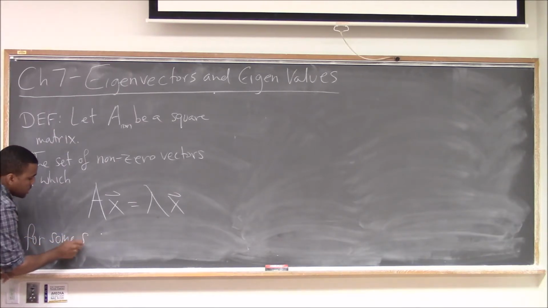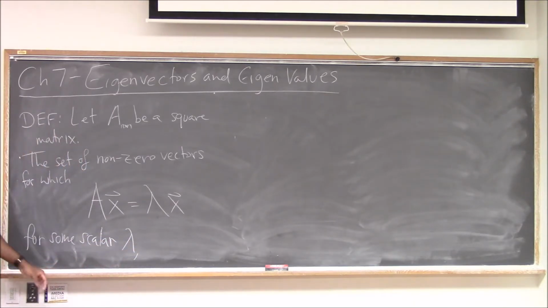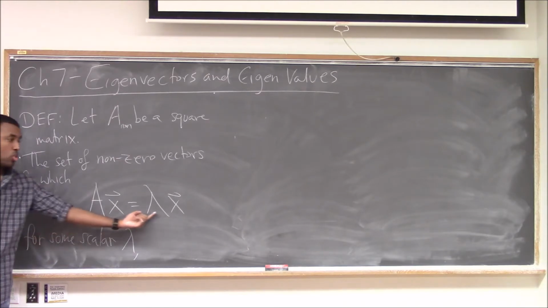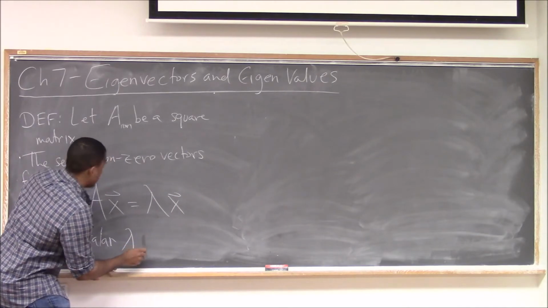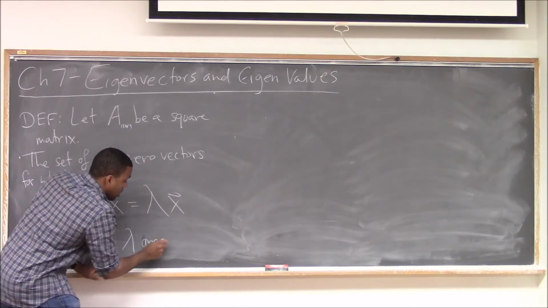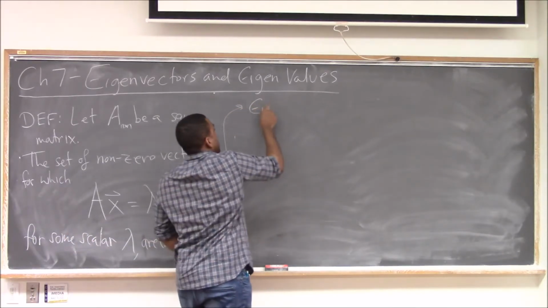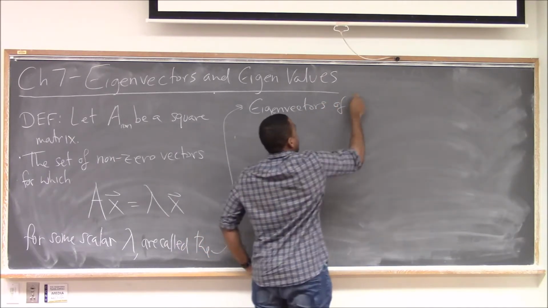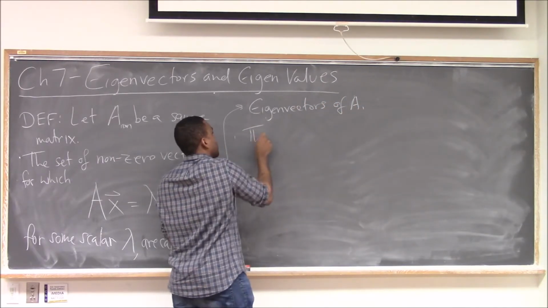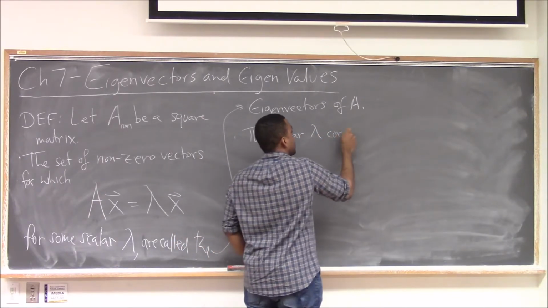So the set of non-zero vectors for which this is true, where multiplying the vector by the matrix only scales the vector, are called the eigenvectors. The scalar lambda corresponding to each such vector.